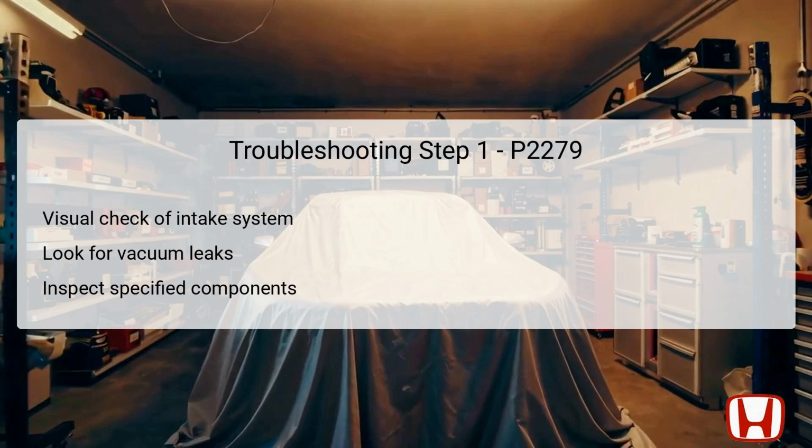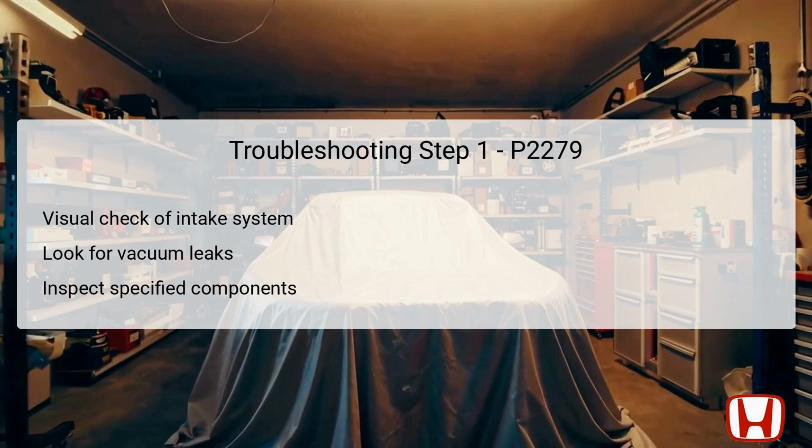The throttle body and intake manifold should also be inspected meticulously, as they are crucial for regulating air intake into the engine. Check from the turbocharger joint all the way to the throttle body, as leaks can often occur in these areas. If you find that all parts are in good condition, then you proceed to the next step in the troubleshooting process.